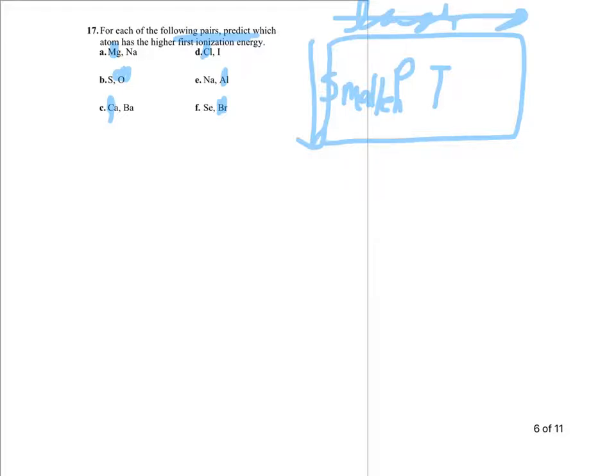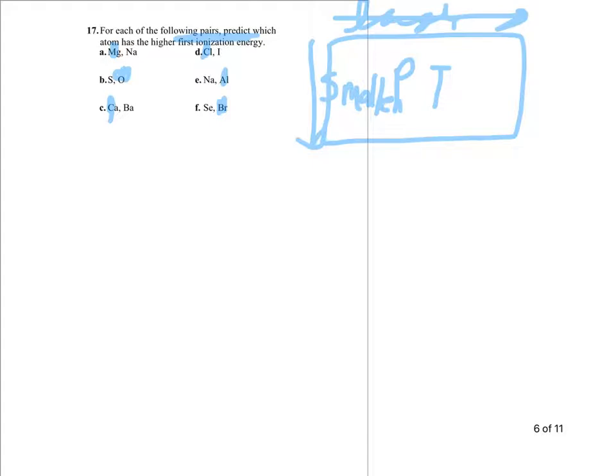Calcium and barium, also in the same group, calcium being up higher, meaning it's going to have a larger ionization energy. Chlorine and iodine, same group, halogen group, chlorine higher up in the periodic table, iodine down lower, chlorine has the larger. Sodium and aluminum, same period, going across the period it tends to get larger, so aluminum should be bigger.